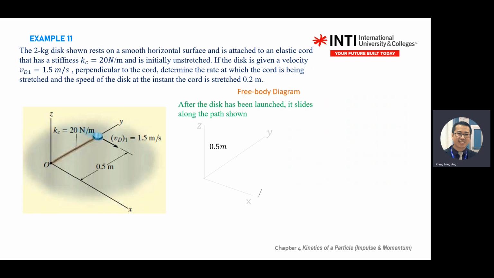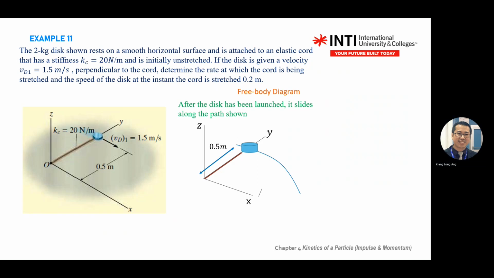So draw the free body diagram, copy the axes, then put in the distances, that is important. In this case, you tie to something. When you run, you will move in a curved motion, distance 0.5. This is the initial one.